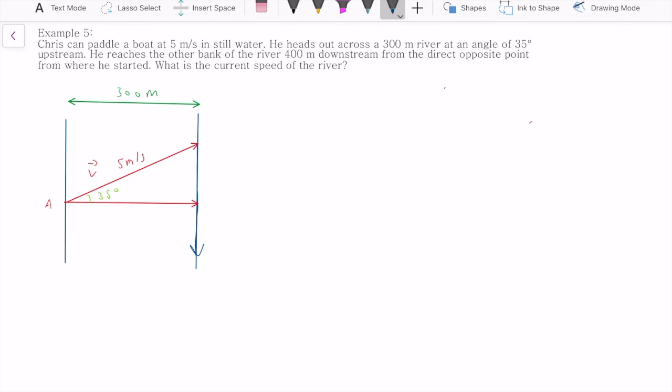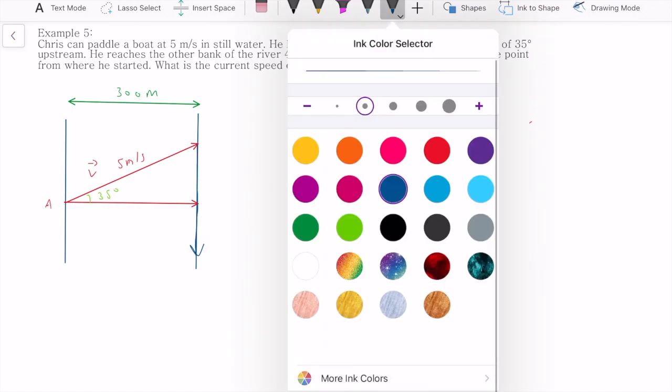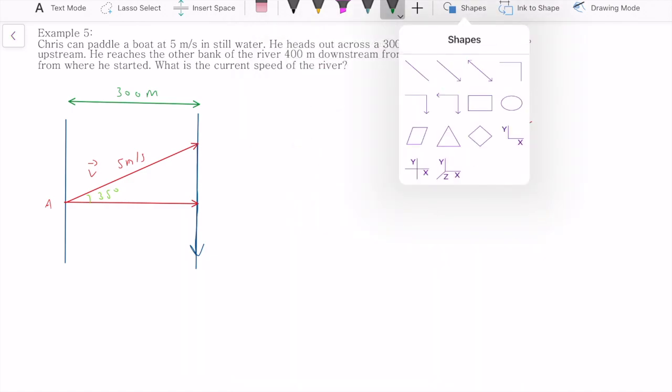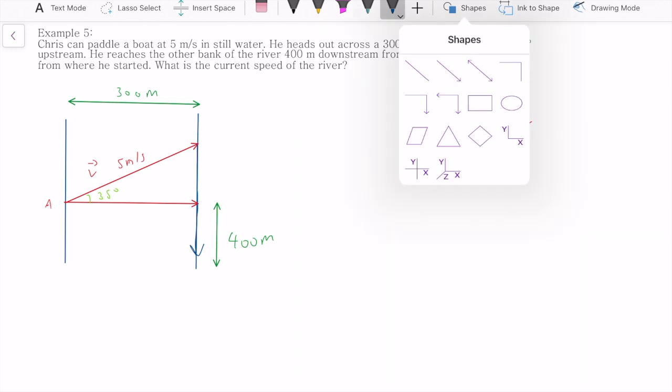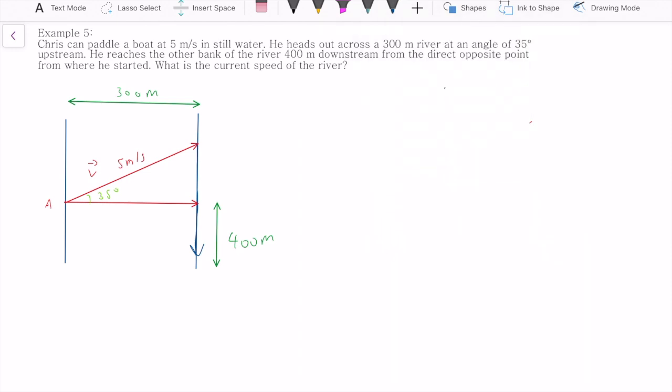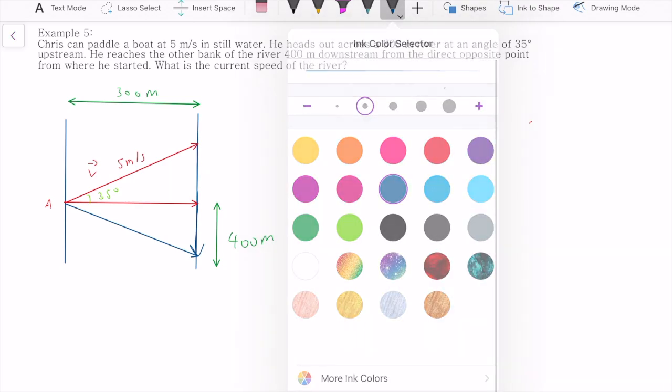But then he ends up 400 meters downstream. So let's show that he ends up 400 meters downstream. 400 meters. So his final destination from where he started will be here. So this is the information we know.